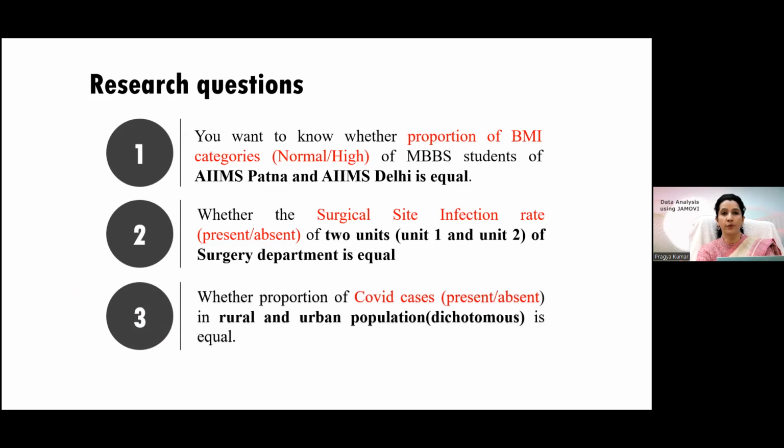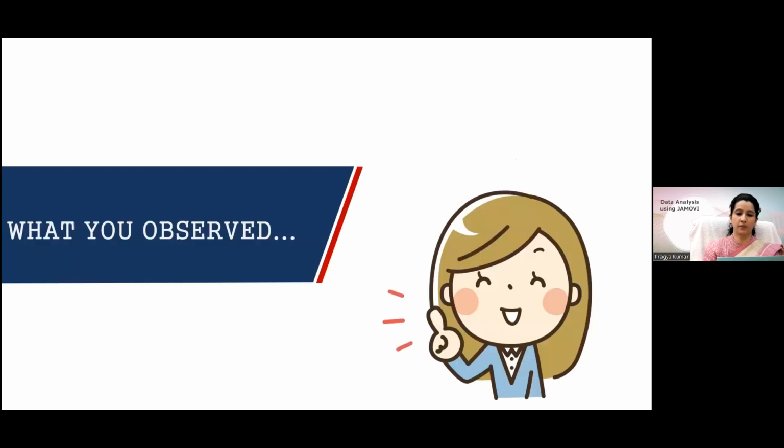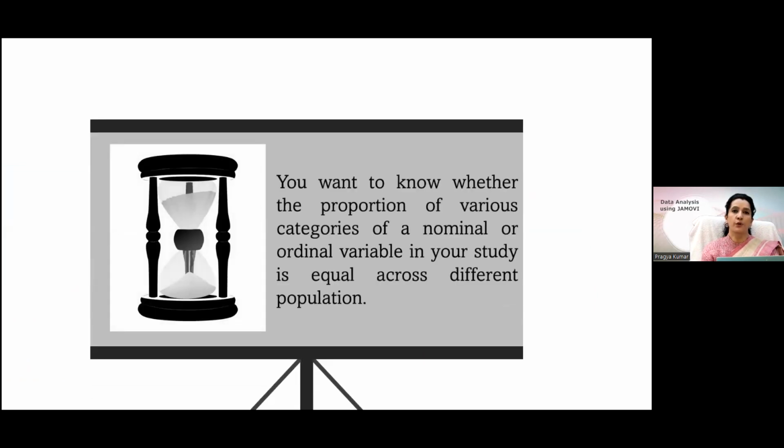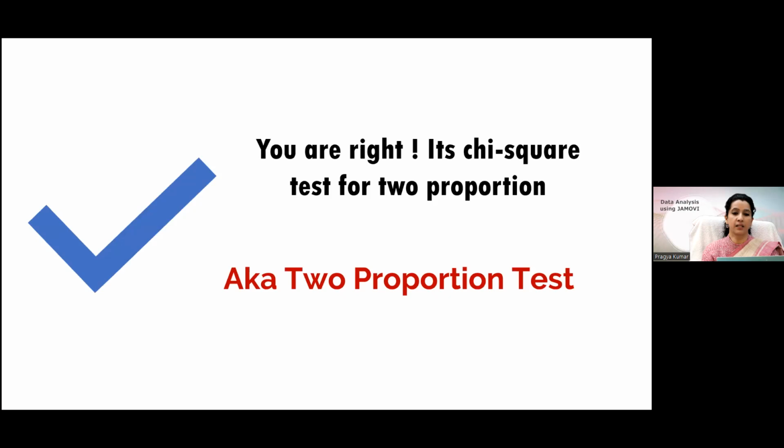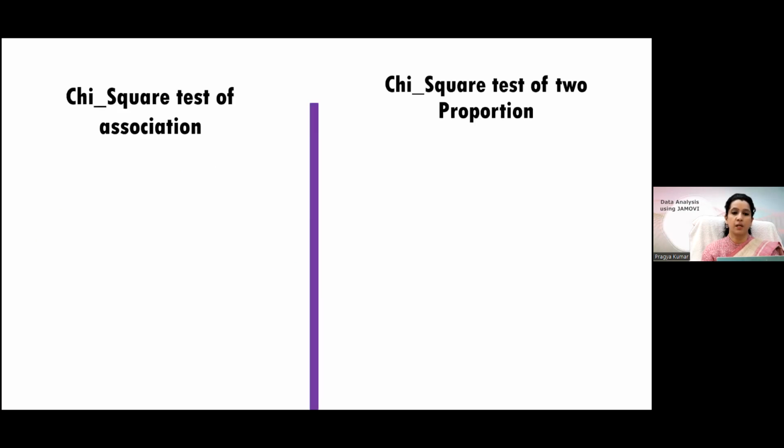What is the proportion of COVID cases as present or absent, and whether they are equal in rural and urban areas or not? So in all these three research questions, we have seen a proportion of various categories of a nominal variable in the study, and whether it is equal across different populations or not. So the appropriate statistical test is the chi-square test of two proportions, or chi-square test of homogeneity.